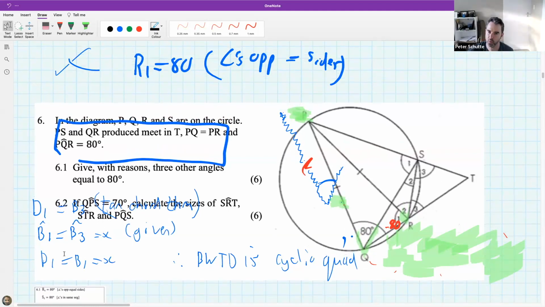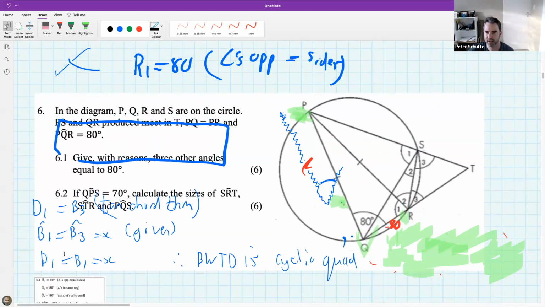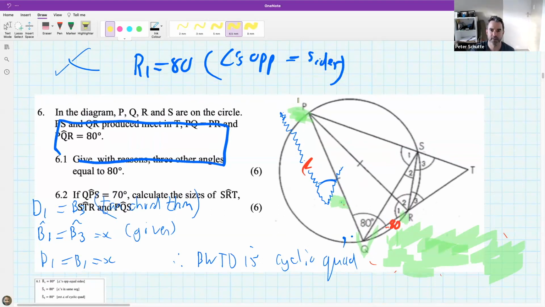So S1 would be equal to, how would I get S1 and S3? Oh, okay. What we have here is that this one over here is the exterior angle of a cyclic quad, and so they go together. So S1, S3 would go together. We'd also have this one over here be 80.